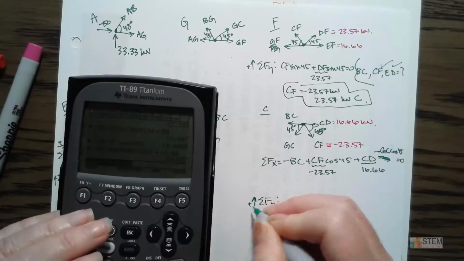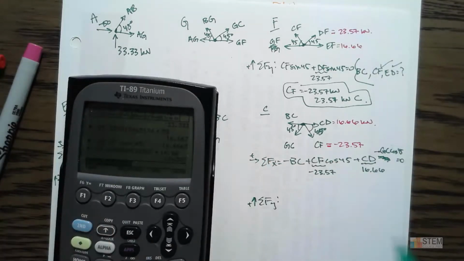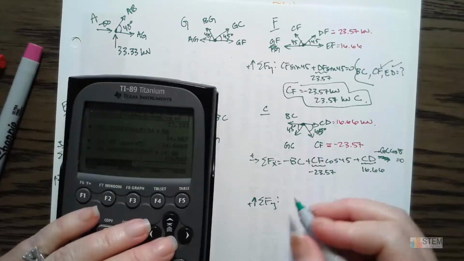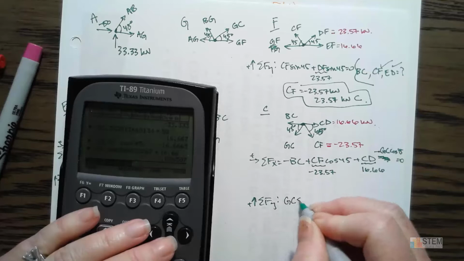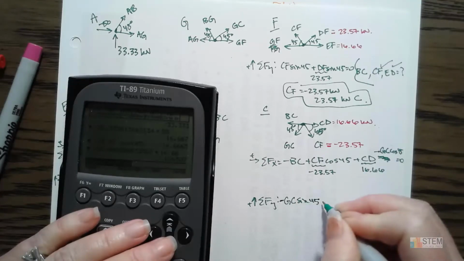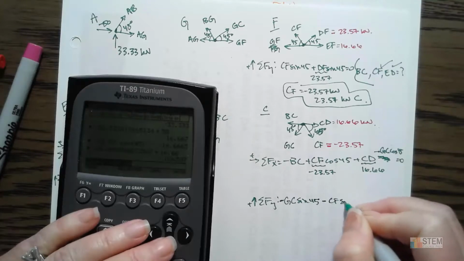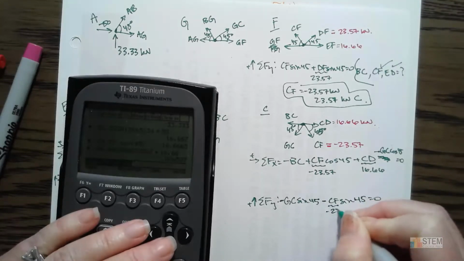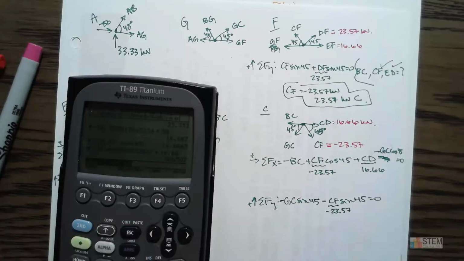So let's do the y equation now, because we're going to have to solve for that also. All right, so for the y equation, let's do GC sine 45, and then that's negative, and then we have minus CF sine 45. Okay, and then this value for CF is negative 23.57.